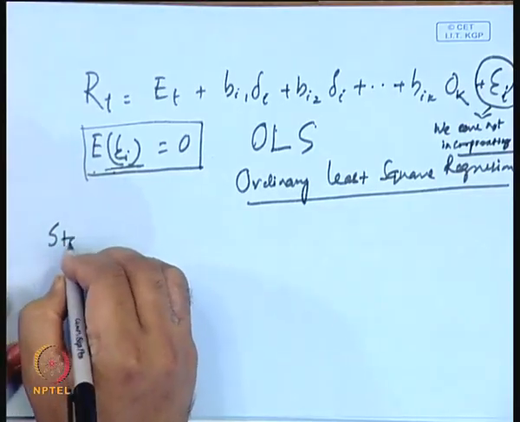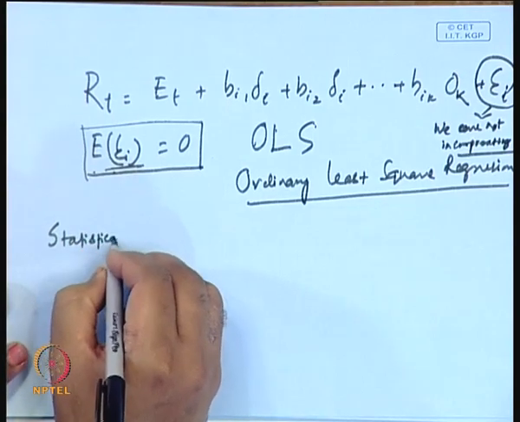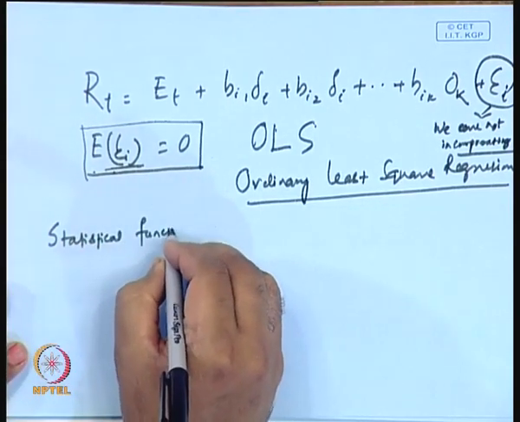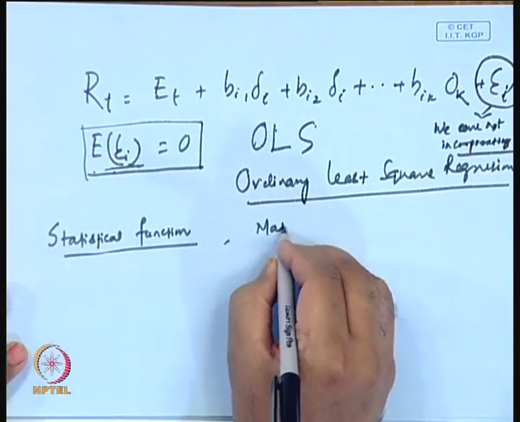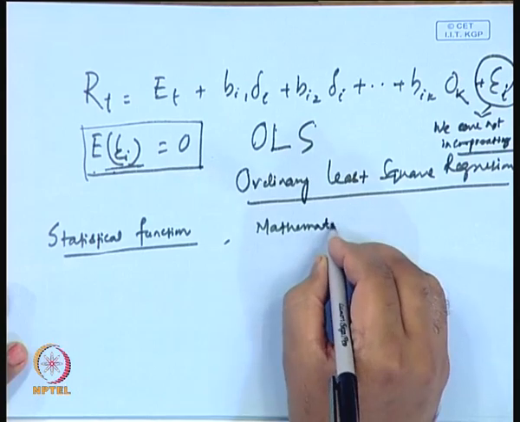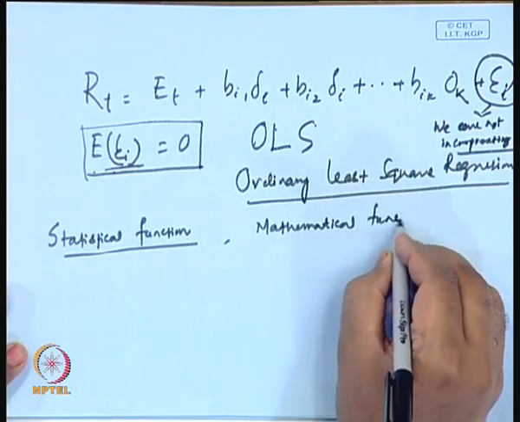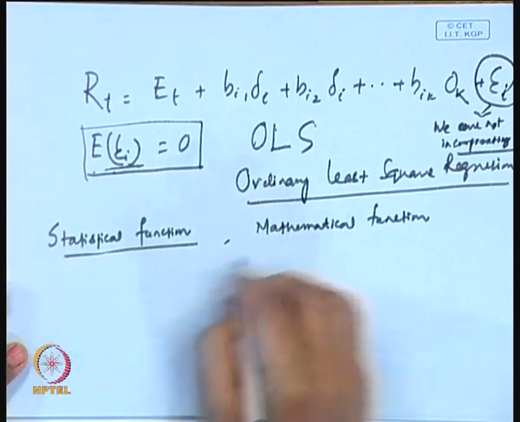If you recall, I already told you in some of the previous sessions that whenever we use any kind of econometric or statistical models in the finance literature, we always use a statistical function, and the statistical function is different from the mathematical function. How can the difference be distinguished?